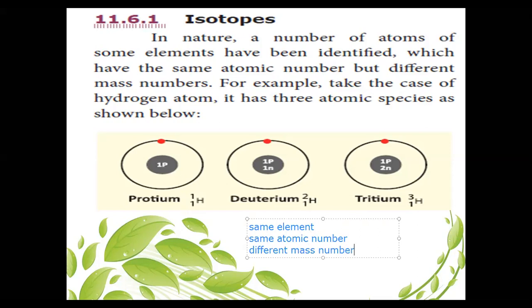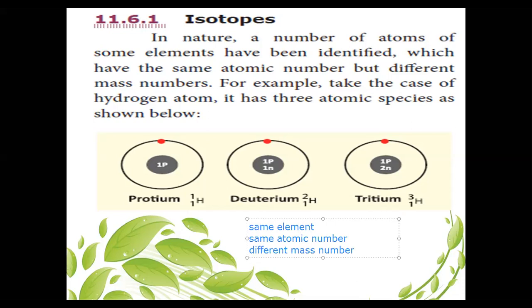That is called isotopes. For example, the hydrogen atom: protium, deuterium, tritium. Other examples are carbon: 6 carbon 12, 6 carbon 13. Next one is chlorine: 17 chlorine 35, 17 chlorine 37. These are examples of isotopes.